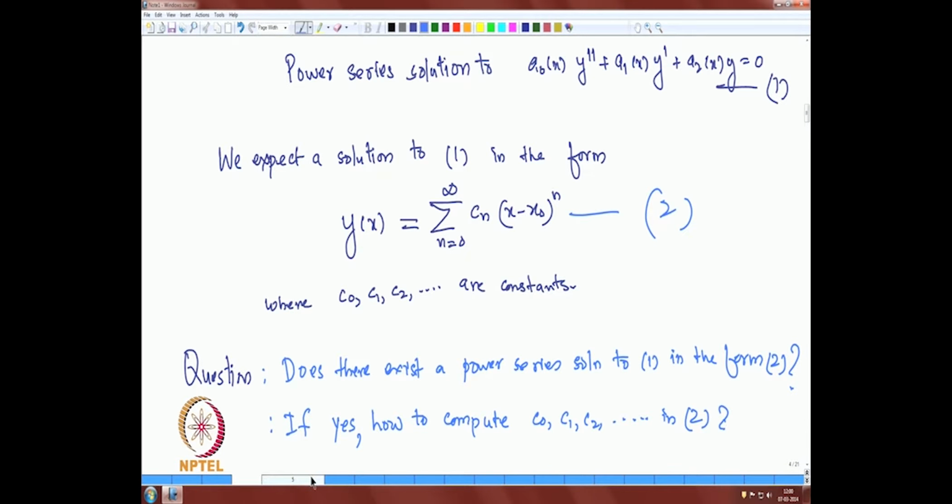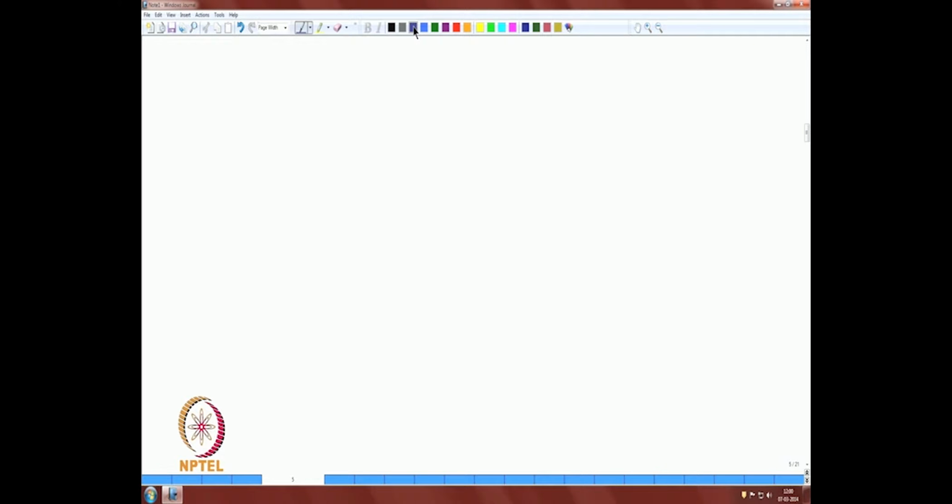First, we address the existence of power series solution to 1. So, under what condition the power series solution for 1 exists and that series is convergent.